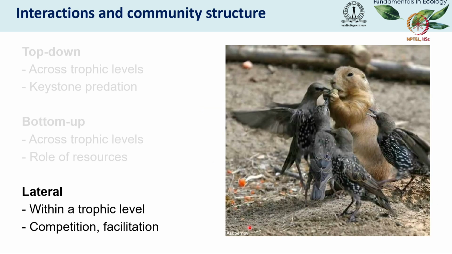And now we've looked at some top-down effects and some bottom-up effects. What we will talk about in detail now and the next time will be lateral effects, which is within a trophic level, things like competition and facilitation, where you have these starlings and this groundhog, and the starlings are competing for the same food, but there is no interaction in which one participant is preying upon or eating another participant.